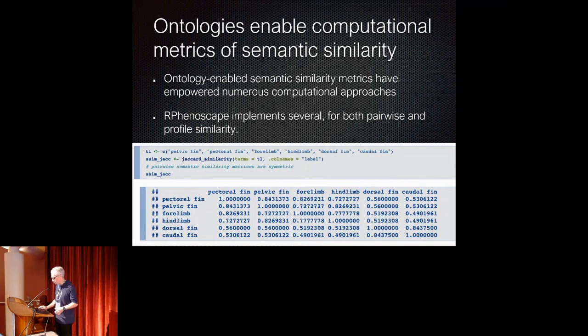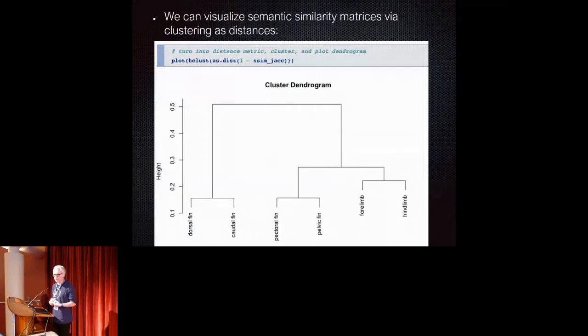Here's how I can easily compute this, and then instead of staring at the matrix, I can also visualize this as a cluster dendrogram, noticing here that the dorsal fin and the caudal fin, which are unpaired fins, seem to be semantically more different from the other terms here.